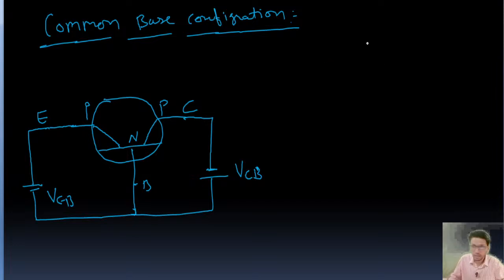And similarly we'll make the NPN transistor configuration and biasing for common base configuration.